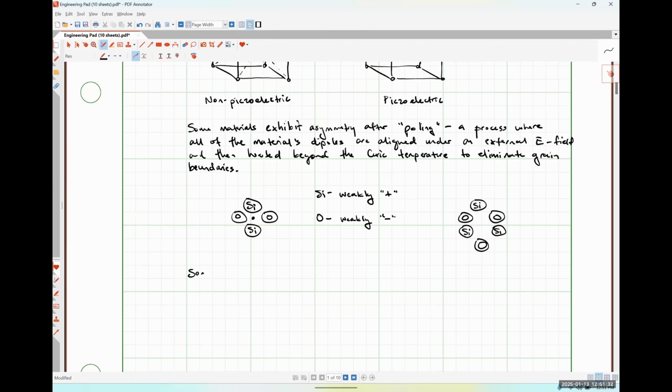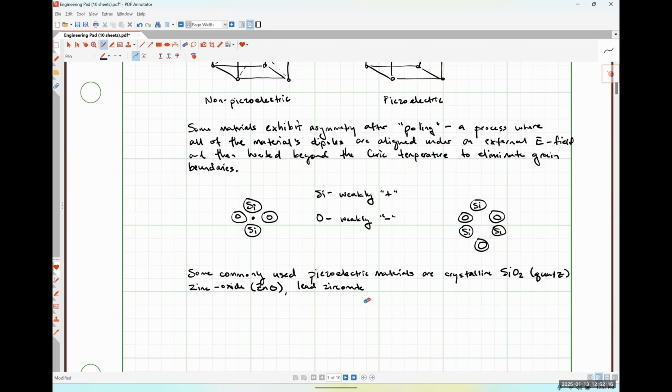So some commonly used piezoelectric materials are crystalline quartz, so SiO2, zinc oxide, ZnO, lead zirconate titanate.